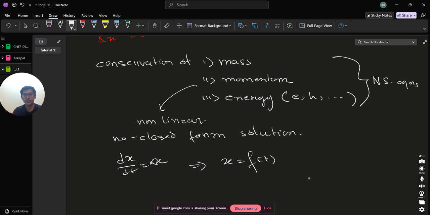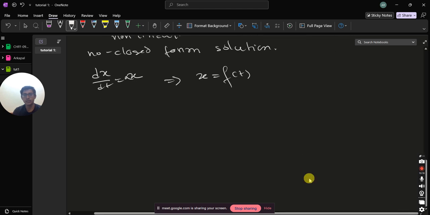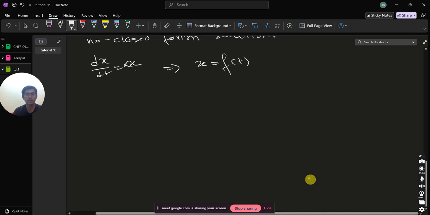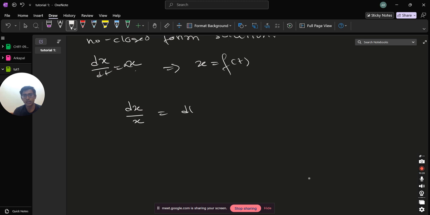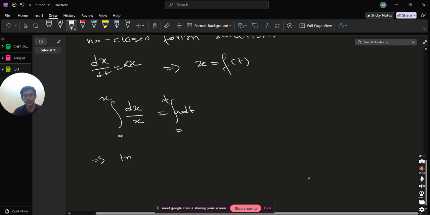And this is quite straightforward, you can find the solution using basic integration. So here dx by x is equal to a dt. If we integrate from 0 to x and 0 to t, it will be nothing but ln x is equal to at, and x will be nothing but e to the power at.